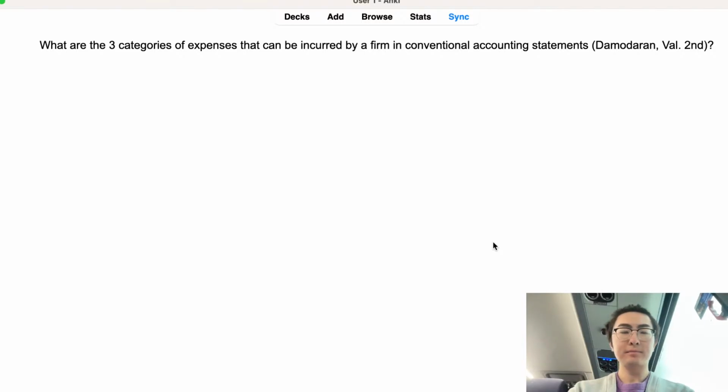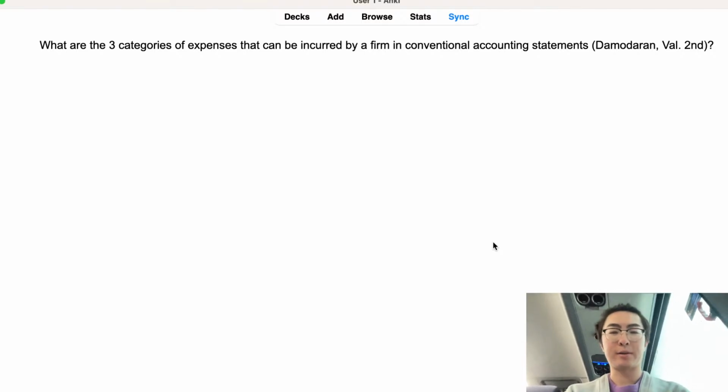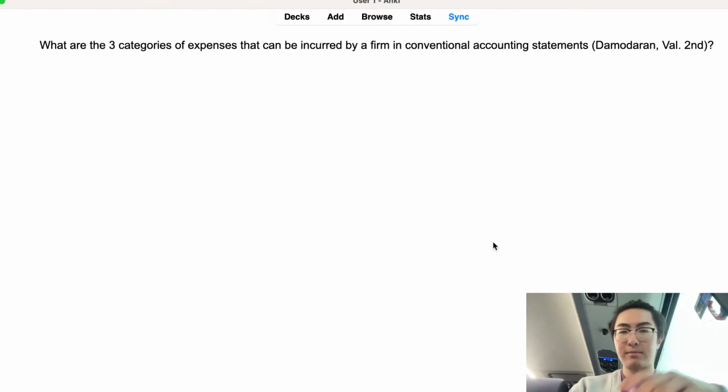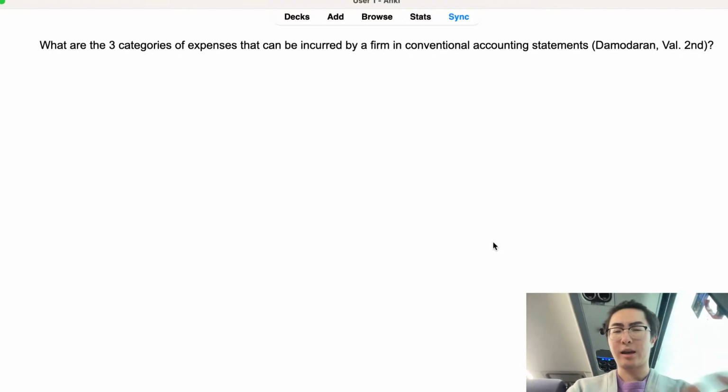And maybe you're a semiconductor manufacturer, you're building out an entire factory for a new fabrication plant in Arizona. I think that's what TSMC is doing. So that's probably going to be considered a capital expense. And Damodaran, he really suggests that you capitalize it, so put that on your balance sheet, treat it as an asset, and then depreciate it over time.